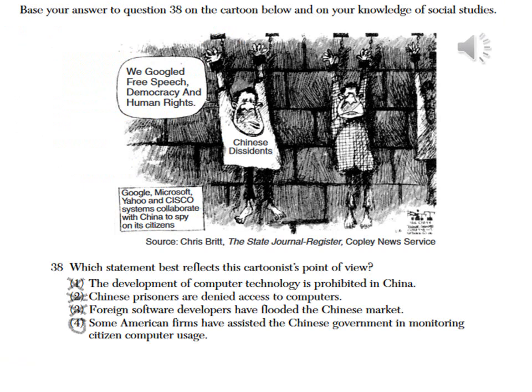Base your answer to question 38 on the cartoon below and your knowledge of social studies. Now I love these types of questions, and they're called political cartoons, and they always show up on our Regents. So let's take a look at this cartoon. Well, these guys don't look happy.